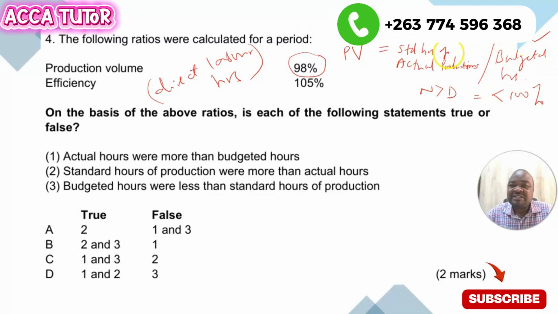So from this analysis, you can see that according to the examiner's ratio of 98%, it simply means that the budgeted hours were higher this time around. The denominator was greater than the numerator. So the numerator was less than the denominator. That's the truth, right?